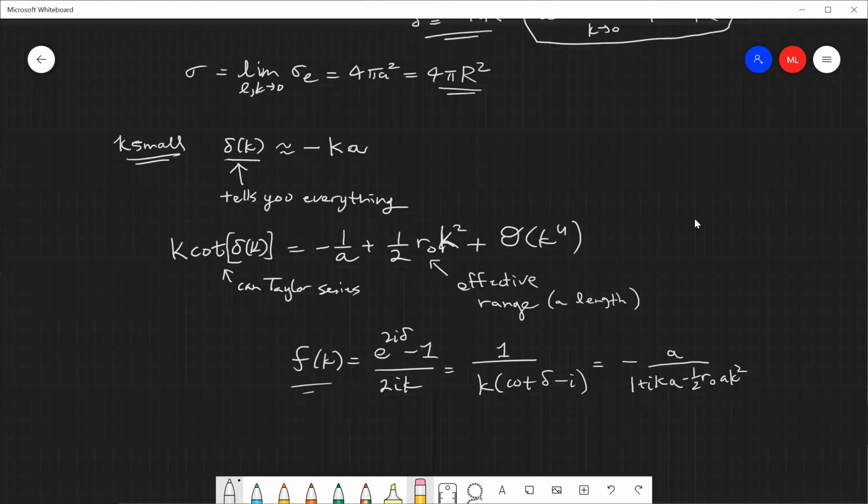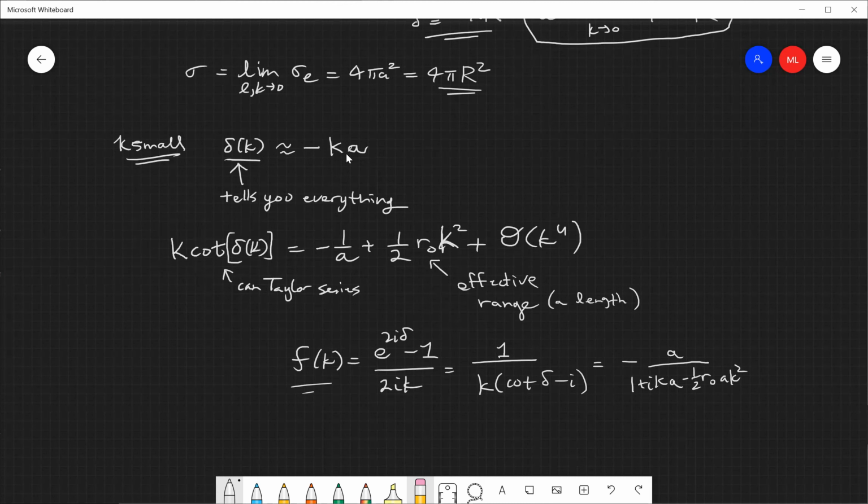Otherwise, you might want to pick up higher order terms in your Taylor series for this quantity, and you can pick out another parameter. It's the second order term, which is the effective range term.